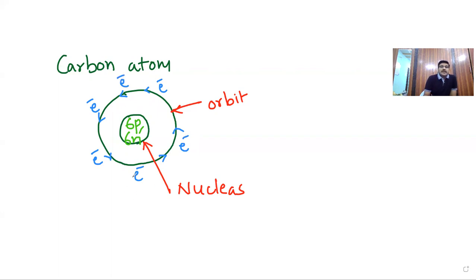How many electrons are there? 1, 2, 3, 4, 5, 6. 6 electrons are moving around the nucleus. Inside the nucleus, 6 protons, 6 neutrons are present. You know very well, protons are positively charged, electrons are negatively charged.